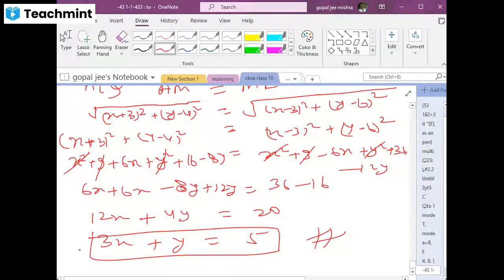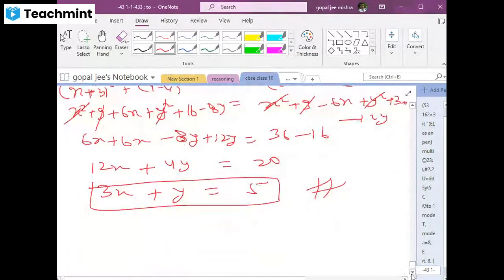Okay, beta. So we have discussed each and every form that is related to distance formula. Another type of questions are asked there, beta. See here.